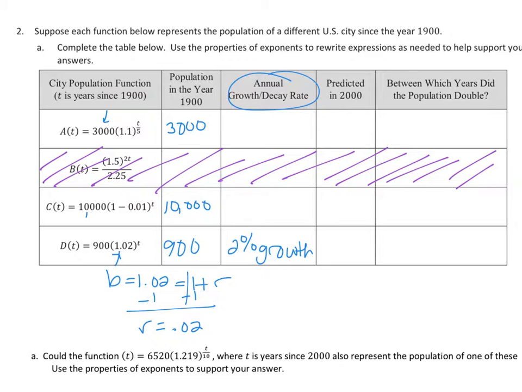Now for the next one, it's decreasing. The reason why function C is decreasing is because you're subtracting from 1, meaning that you are going down and losing the population. So my function here is a 1 minus r situation, and my r in this case is 1% decay.